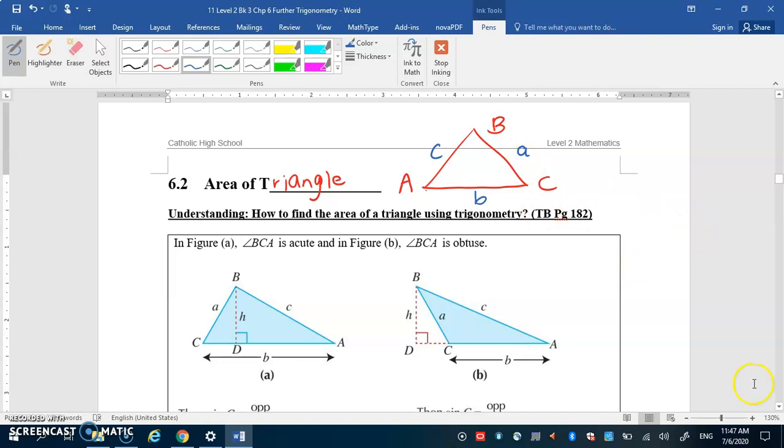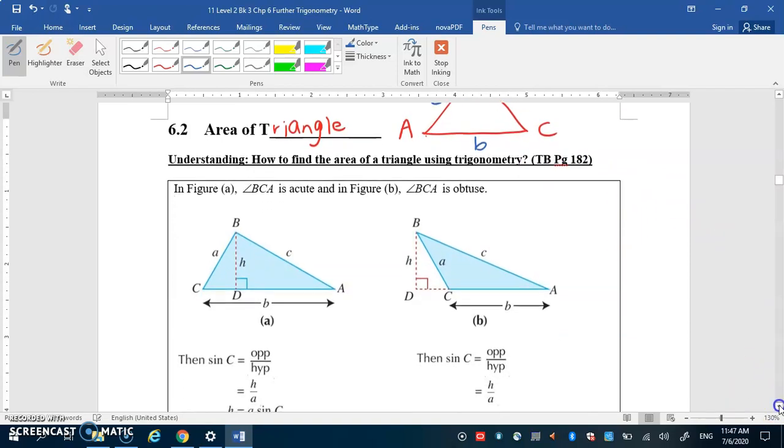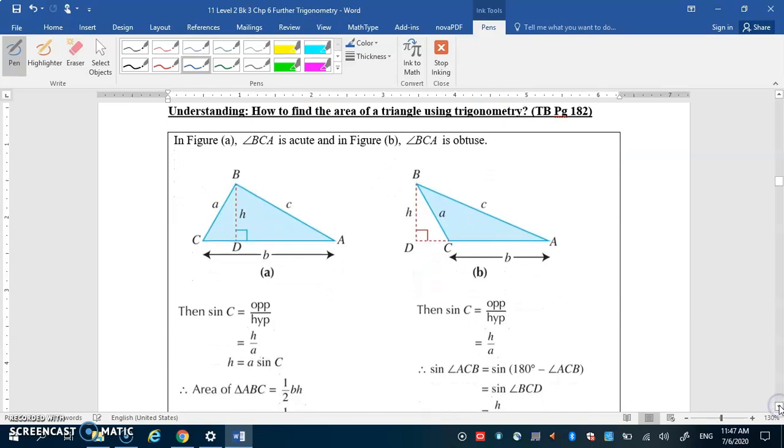Alright, now let us look at these 2 triangles over here. On the left hand side, triangle ABC over here is an acute angle triangle, and on the right hand side we have an obtuse angle triangle. Okay, so let us say we are looking at the triangle on the left.